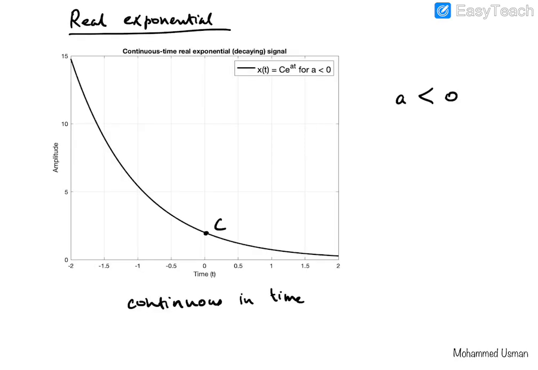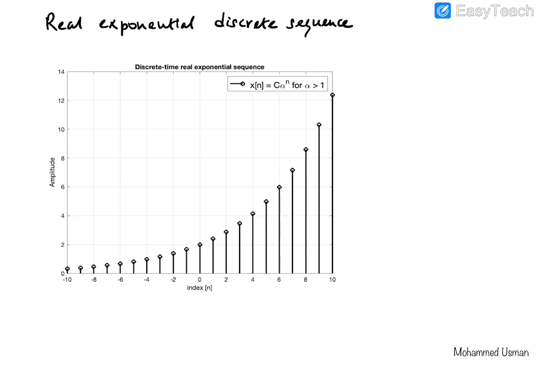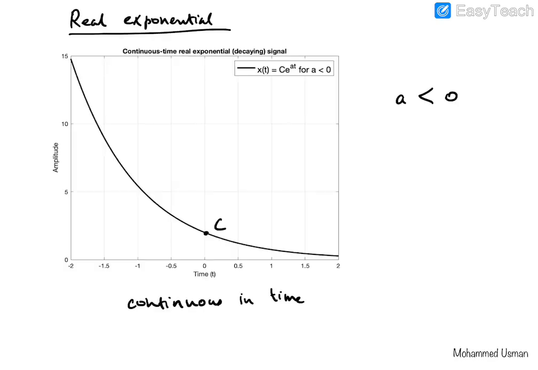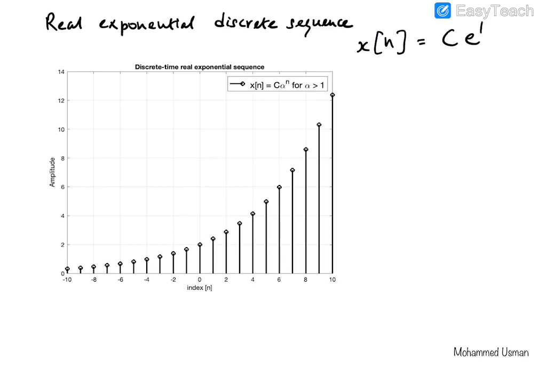Now, as in the continuous version, where we have it as c e power a t, we can define the discrete equivalent as x of n as c e power, we'll call it beta n.